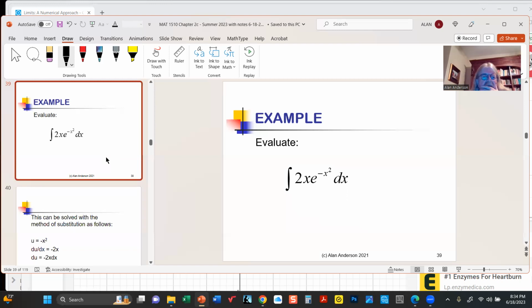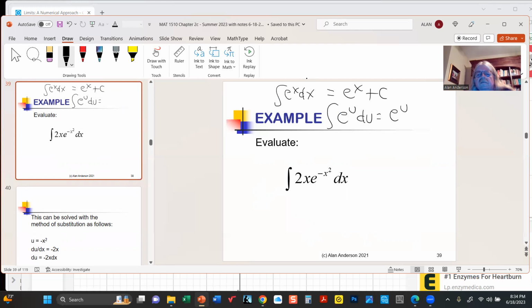Now, that leads us up to an interesting integral. Again, at first glance, this looks like an absolute disaster. Just keep in mind, in the second case, use a function of x.